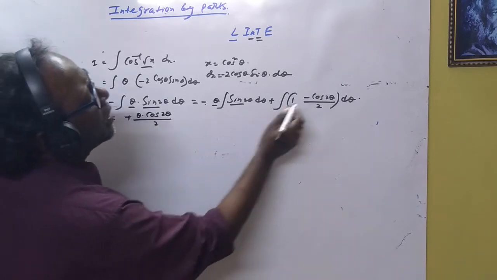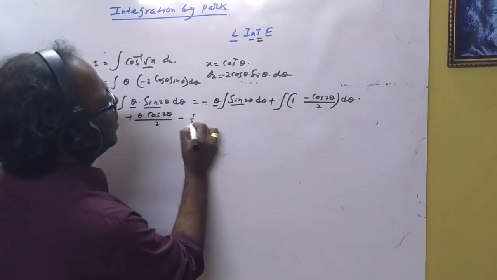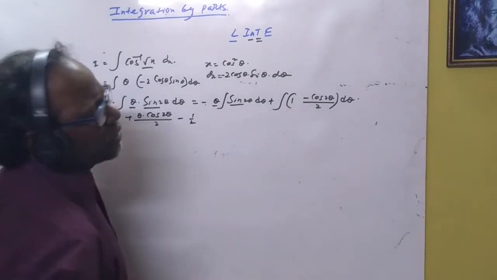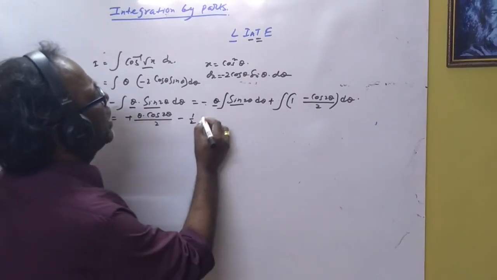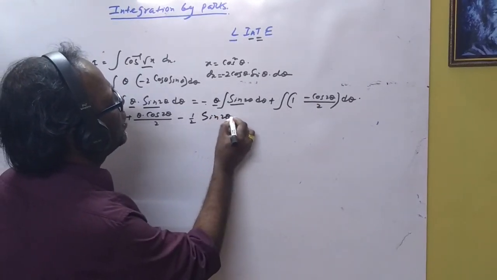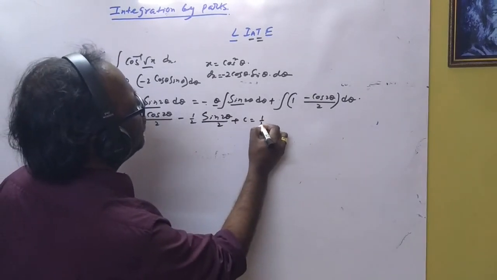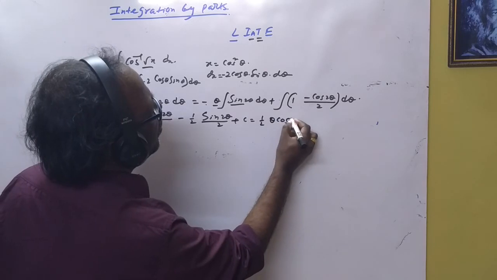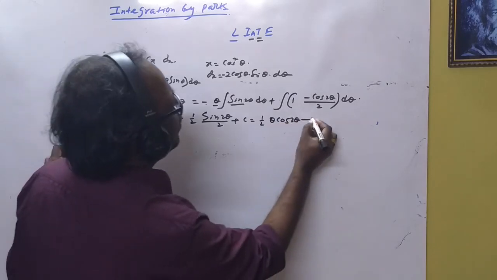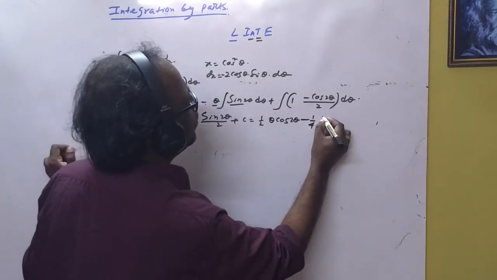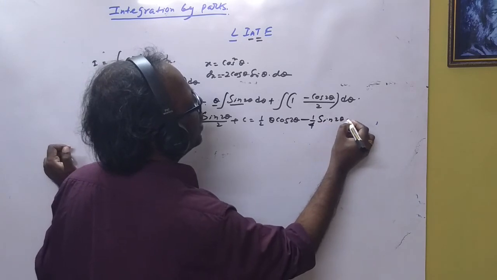Okay, and this is minus, and integration of cos 2 theta, that is sin 2 theta by 2, plus c, and that is equal to half theta cos 2 theta minus 1 by 4 sin 2 theta plus c.